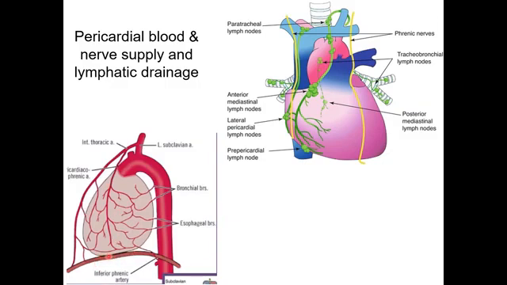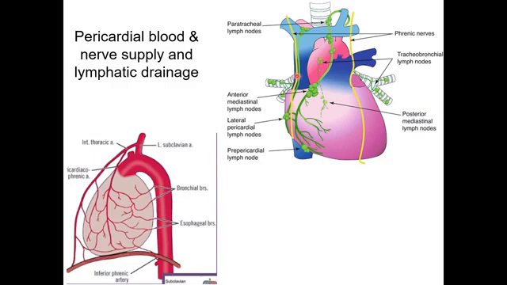From below, we have the superior phrenic arteries, which come from the descending aorta, also supplying the fibrous and parietal pericardium. And from behind, we have pericardial branches that arise from the descending thoracic aorta.